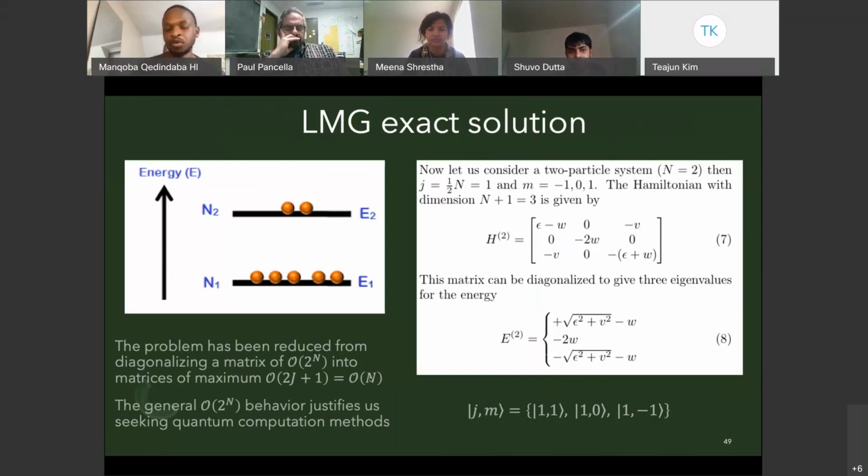But of course, you can see that we are not just gunning for this toy model, which is the Lipkin model. We want to solve the general problem eventually. And the general problem is of order 2 to the power n.